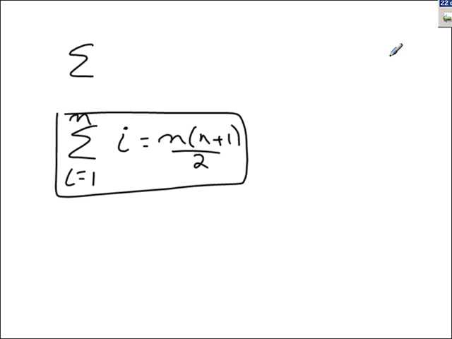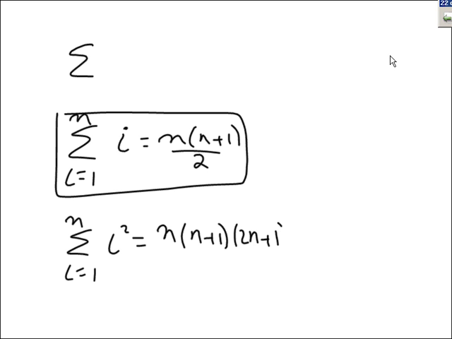Know this. The summation as i goes from 1 to n of i squared is n times n plus 1 times 2n plus 1 all over 6. You make sure that's correct. Okay, and that's the second formula.